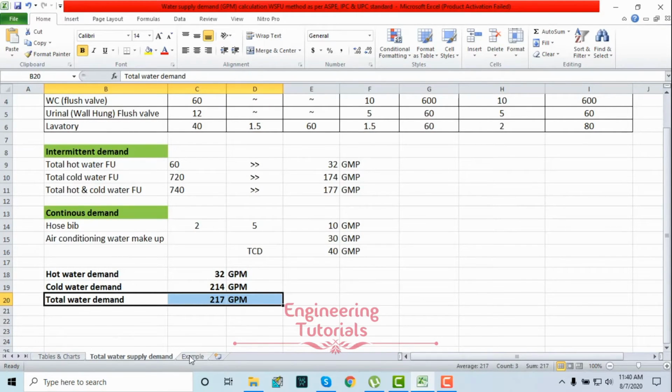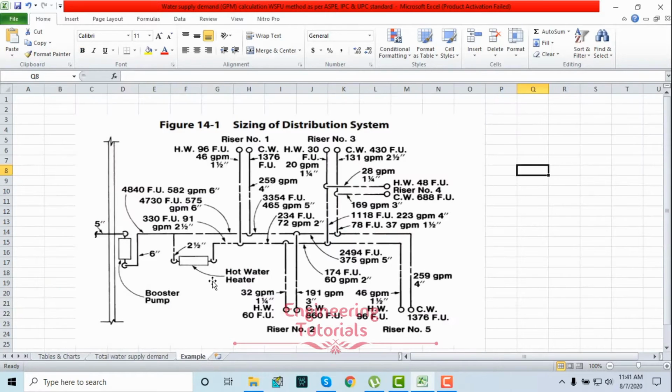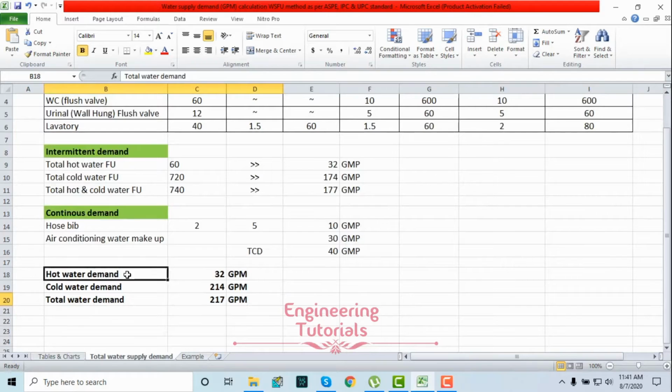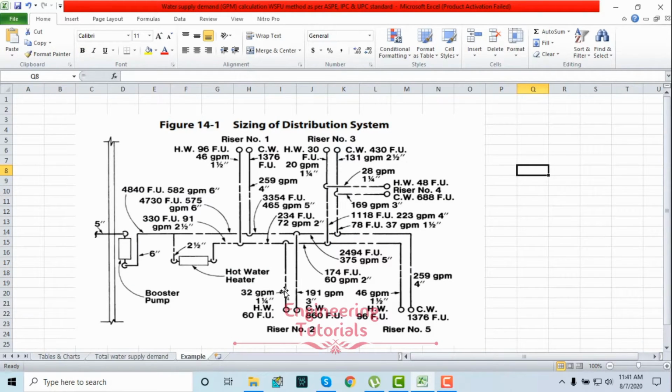This is just an example to show you why we have calculated this total water supply demand. After that you have the hot water piping here, which you have to size based on the hot water demand, because this is the hot water supply.